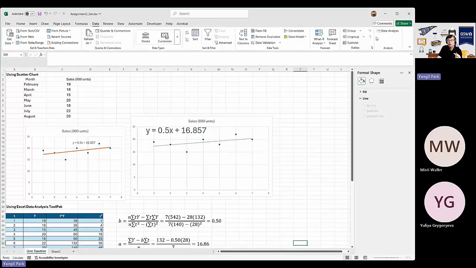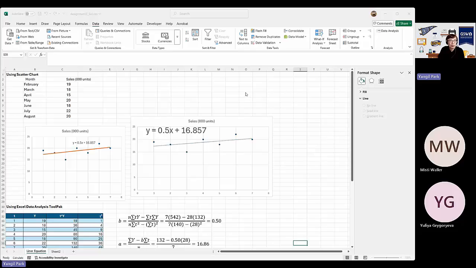Then it gives you the Data Analysis add-in. Like I said, you probably hit it already in statistics or other classes. Then you use the Data Analysis tool, Regression, OK.